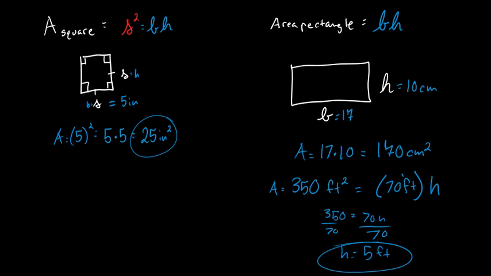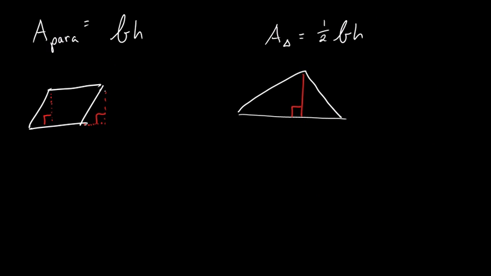Alright, I'm going to move on to the area of a parallelogram and a triangle. A parallelogram is still going to have the same formula as a rectangle, base times height, because we can chop this triangle off and insert it over on the right and actually make a rectangle out of a parallelogram.